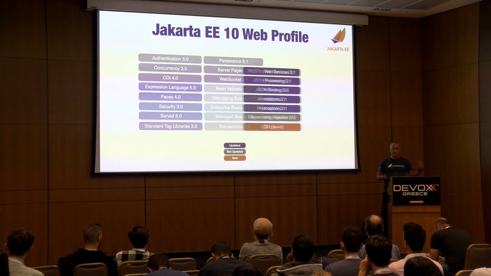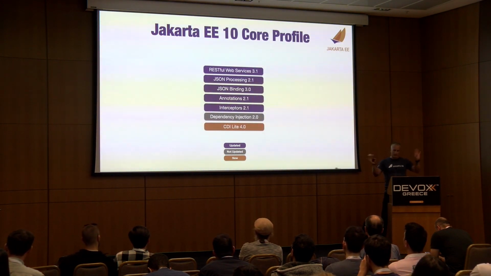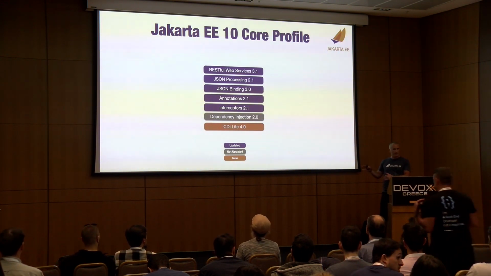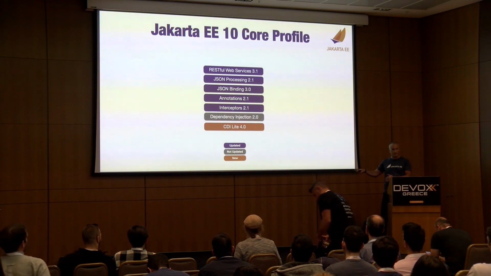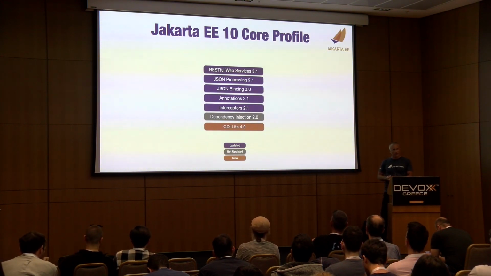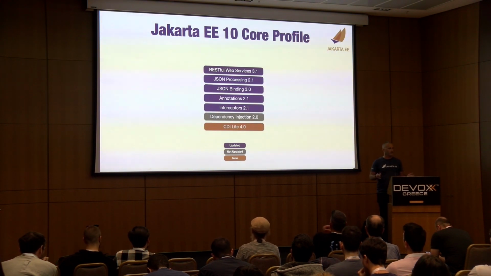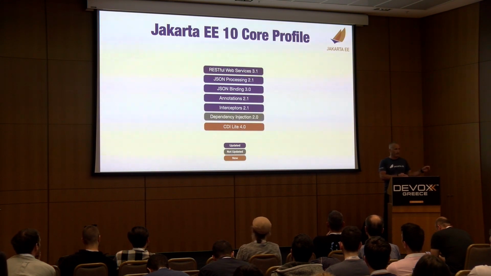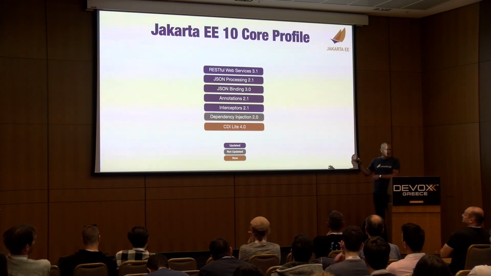Then if we strip away the more traditional, UI-centered web application stuff, we're left with a new subset of specifications, because the Jakarta EE Core Profile is a new profile of Jakarta EE10. Web Profile was introduced in Java EE 6, so it has been around for a while, but Core Profile was introduced in 10.